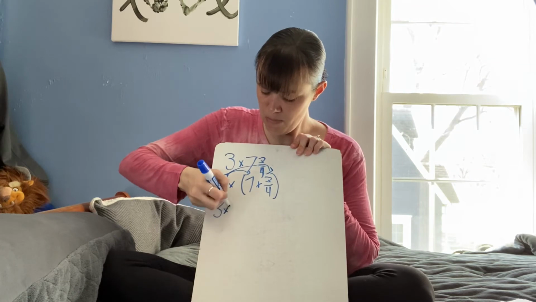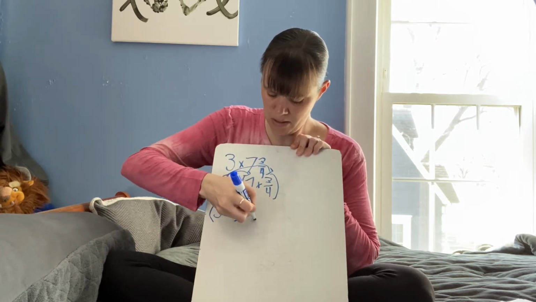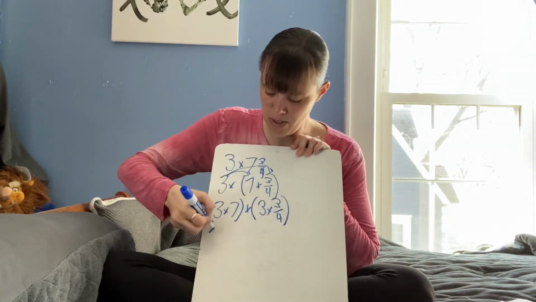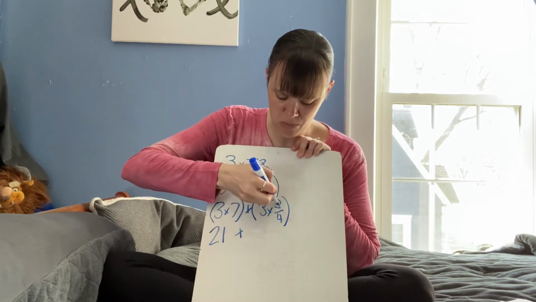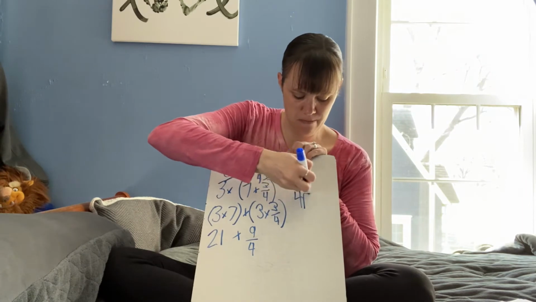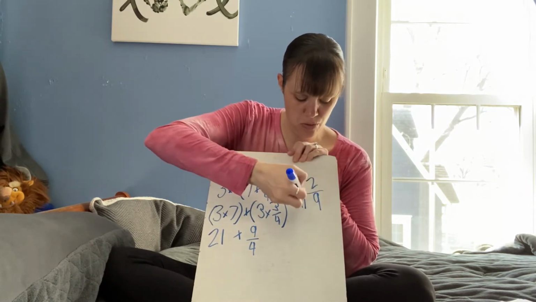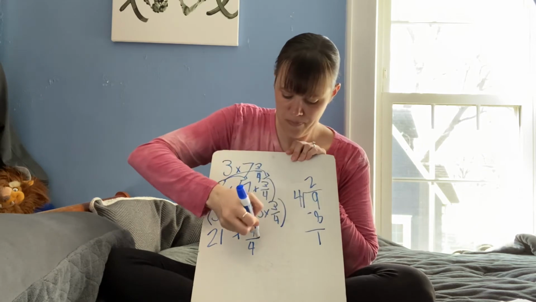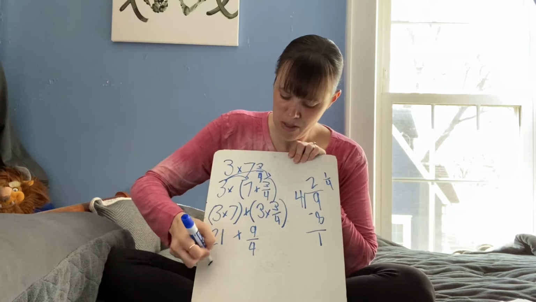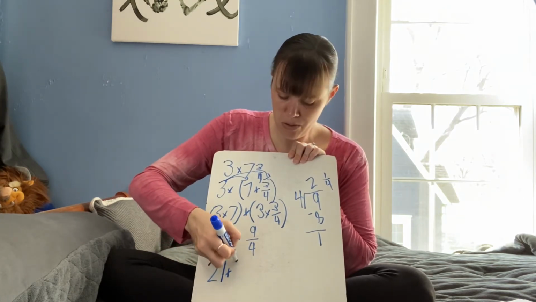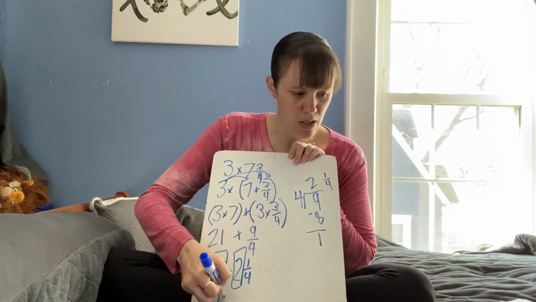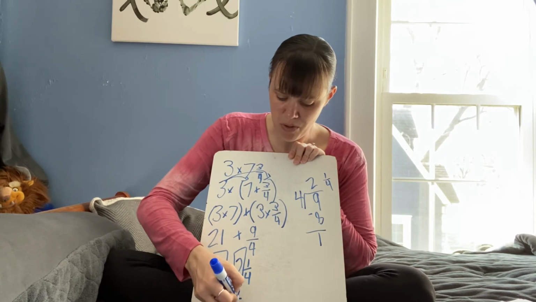So we have 3 times 7 plus 3 times 3/4. 3 times 7 is 21, plus 3 times 3 is 9, 9/4. 9/4 doesn't work for us, does it? That's 2, 2 times 4 is 8. So I forgot to finish that. 2 1/4. So we have 21 plus 2 1/4. Add my whole numbers and I get 23 1/4.